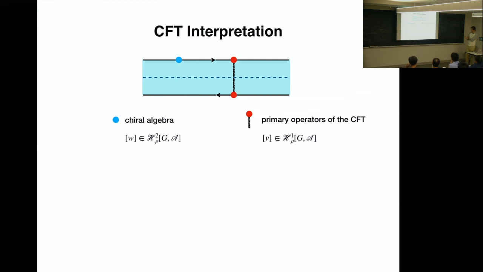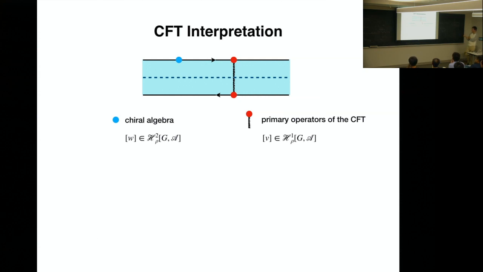Okay, so in the CFT interpretation, we have two pieces of data from the bulk. One is the fractionalization class of the bulk system, and the other one is this additional piece of data that describes this gap boundary, what charge is carried by this condensed anyon. And together, they exactly correspond to the two types of local operators.